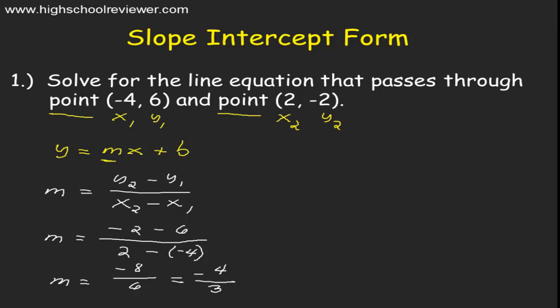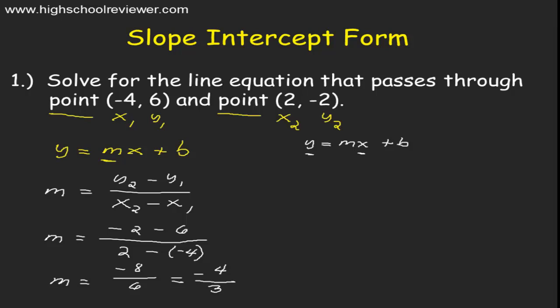We are now going to find for the intercept, or b. We will use the equation y is equal to mx plus b. And for the values of x and y, we can use any point. We can use this point or this point.